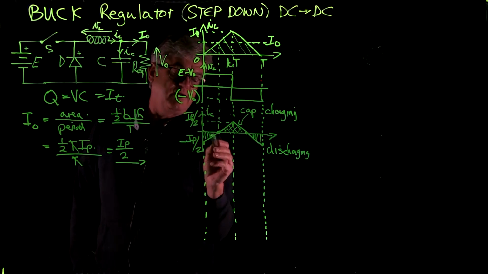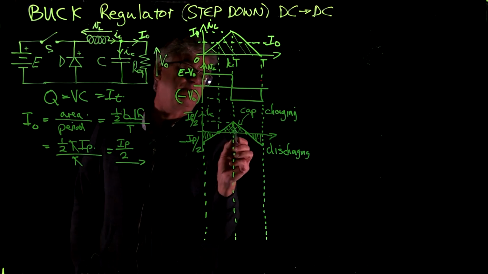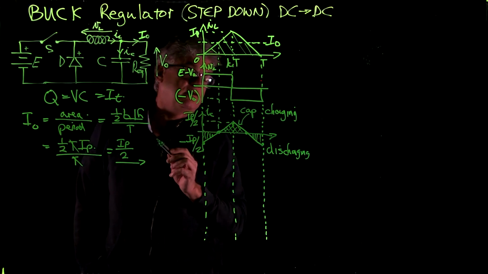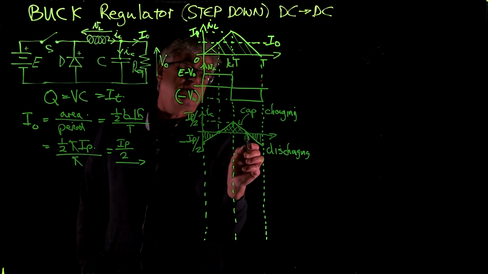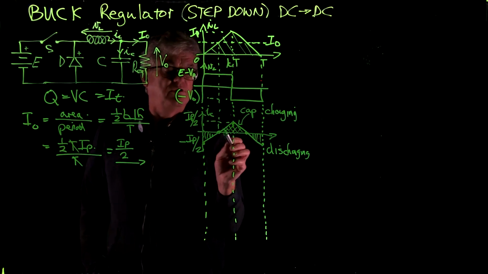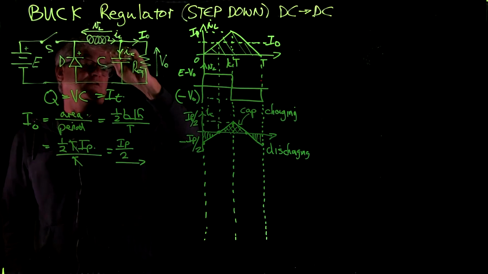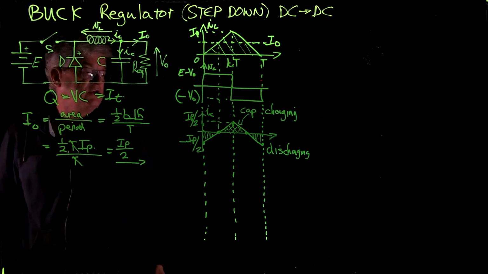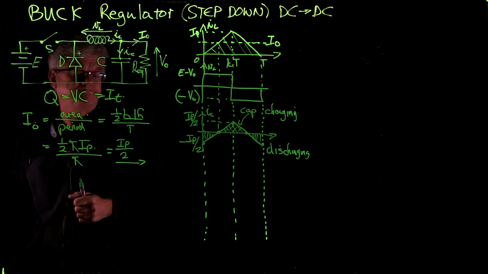That area there, the negative area here, and the positive area must equal each other in order for the voltage over the cap not to increase or decrease over time.